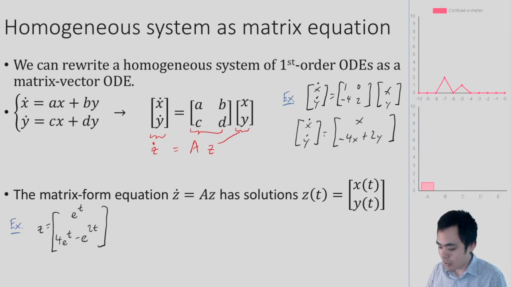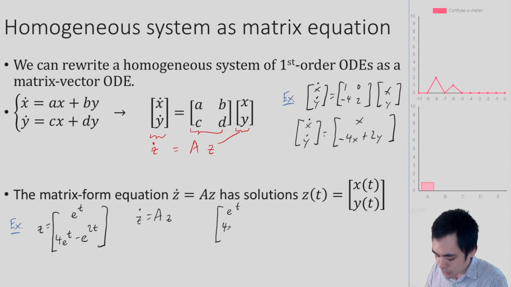What does that mean? Well, that means that when we take z dot is equal to Az and we plug these things in, what do we get? So we're trying to plug in e^t for the top and minus 2e^(2t).